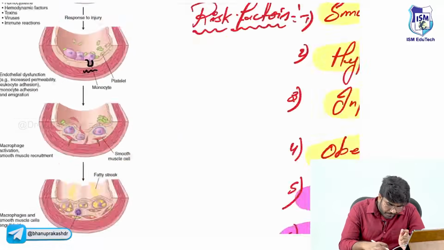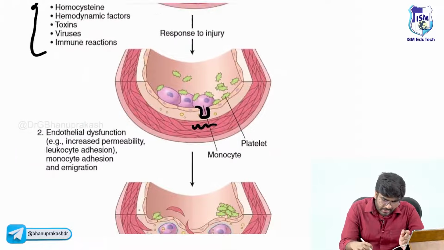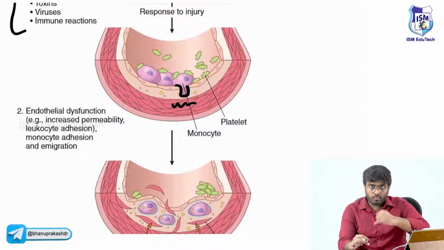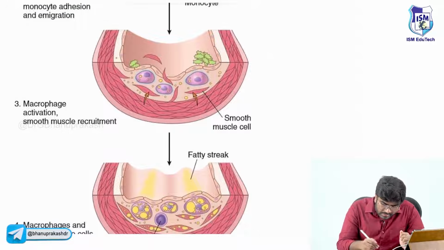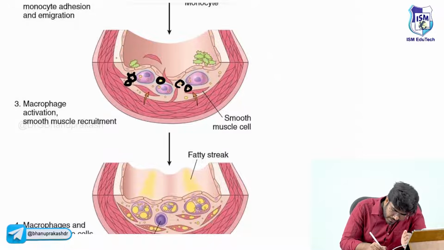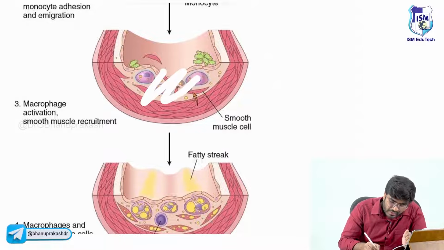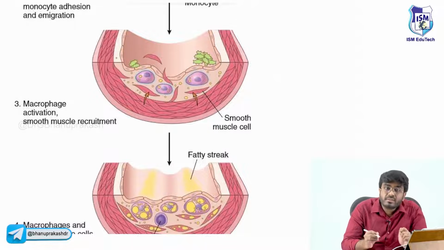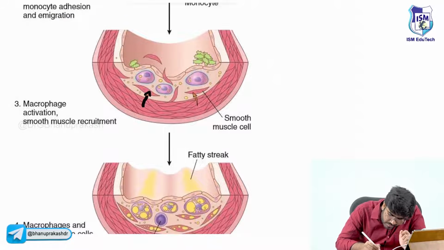Now look here. These macrophages and platelets are entering into the wall of the blood vessel. See what they are releasing, are you able to appreciate? The small chemicals are being released. These are the growth factors. Because of these chemicals, are you able to appreciate the smooth muscles? These are the smooth muscles, this is the tunica media, right?